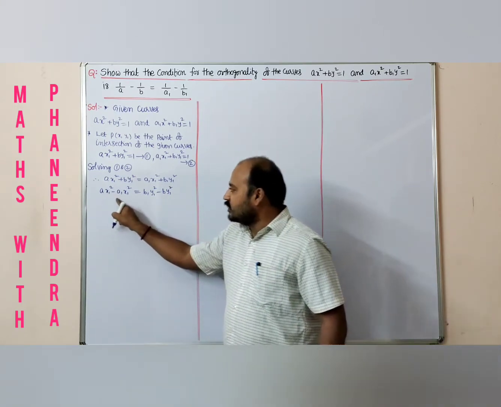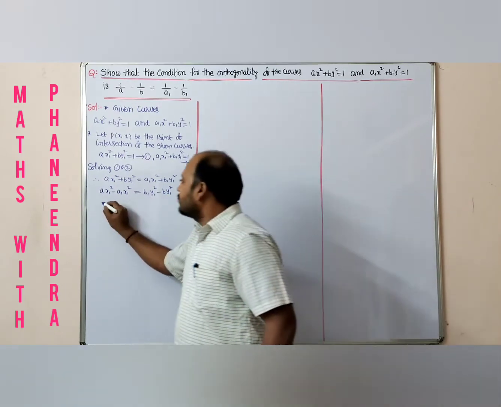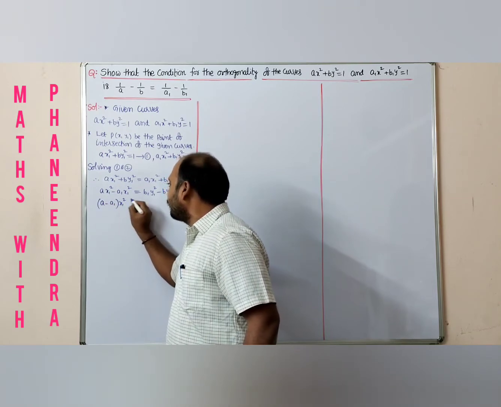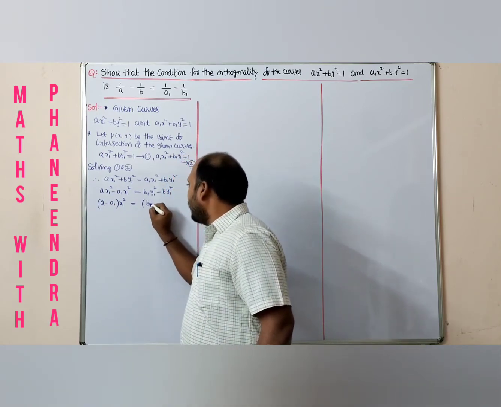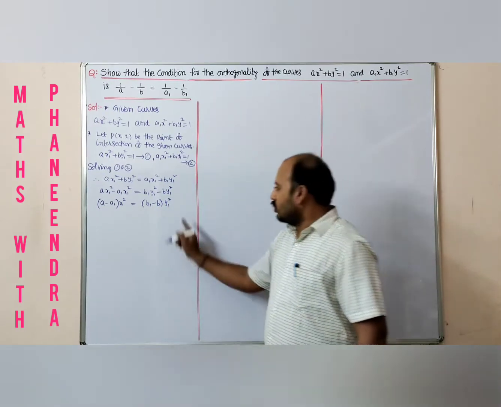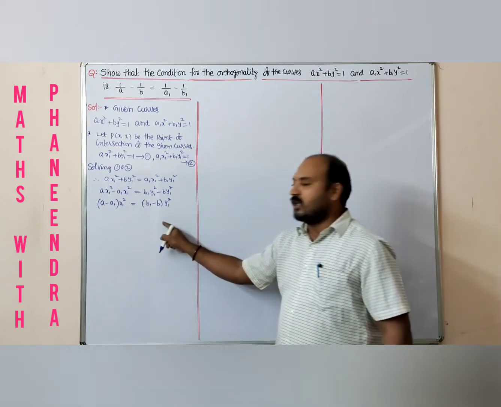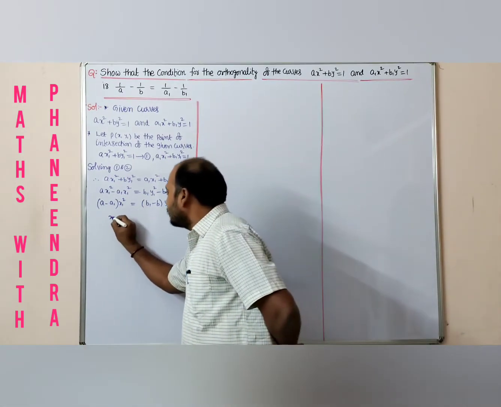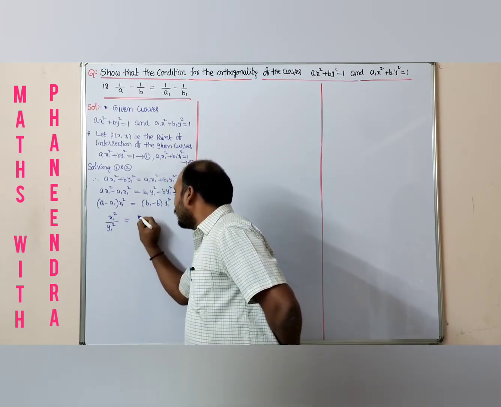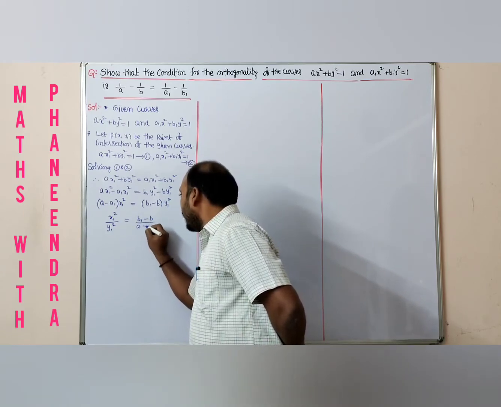Take x1 square common from these two, y1 square common from these two. So a minus a1 into x1 square is equal to b1 minus b into y1 square. So y1 square we are taking to this side, and under a minus a1 we are taking to this side. So x1 square divided by y1 square is equal to b1 minus b divided by a minus a1.